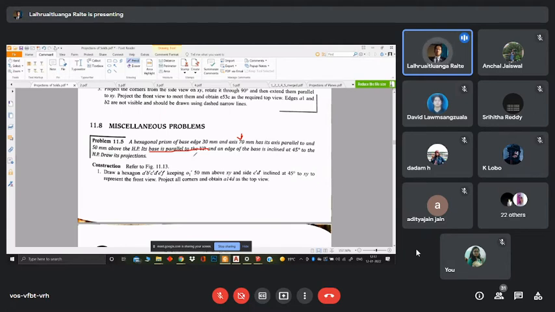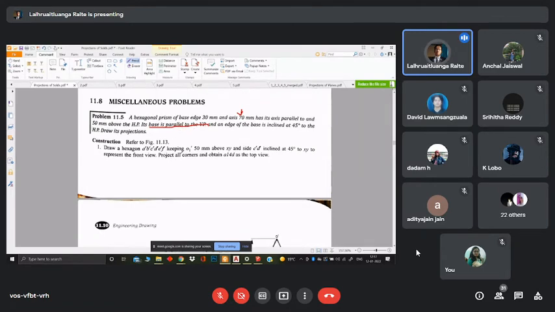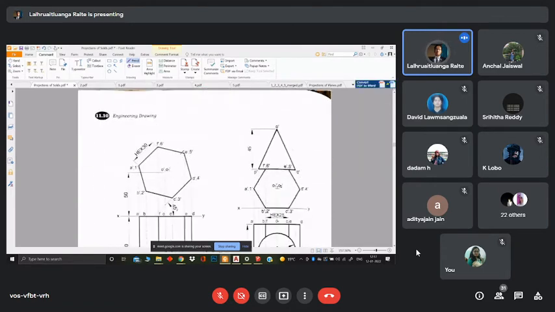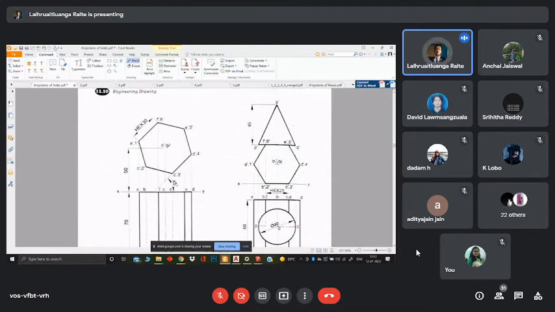And an edge of the base is inclined at 45 degrees to the HP. Draw its projections. All right, so it will be something like this. The hexagon, when the base is parallel to the VP, the whole solid is perpendicular to the vertical plane. So that is why we are going to see the profile on the front view, the VP. All right, so we have something like this.